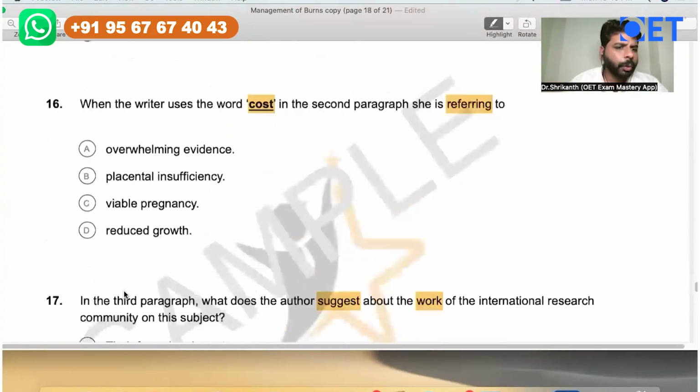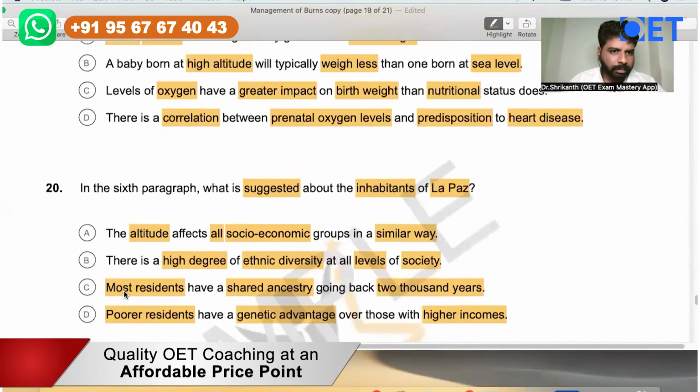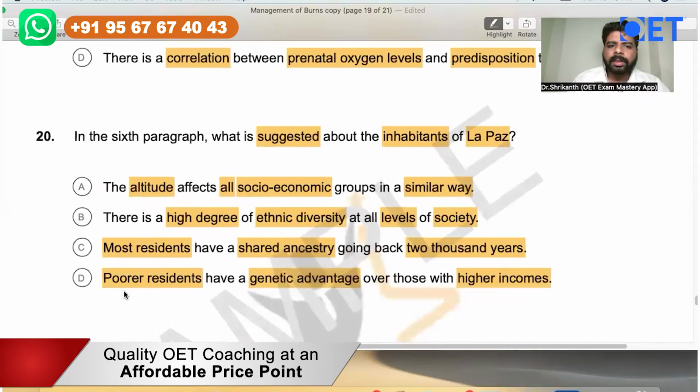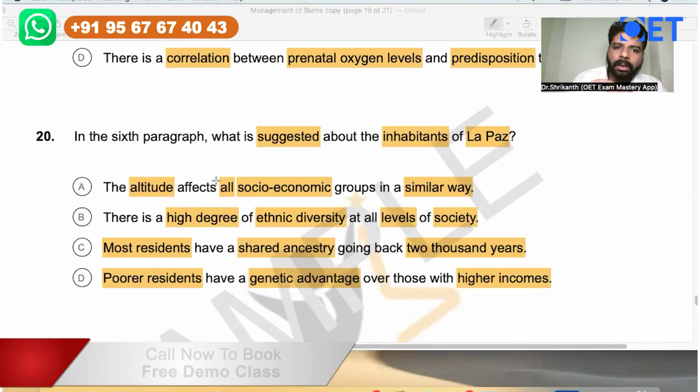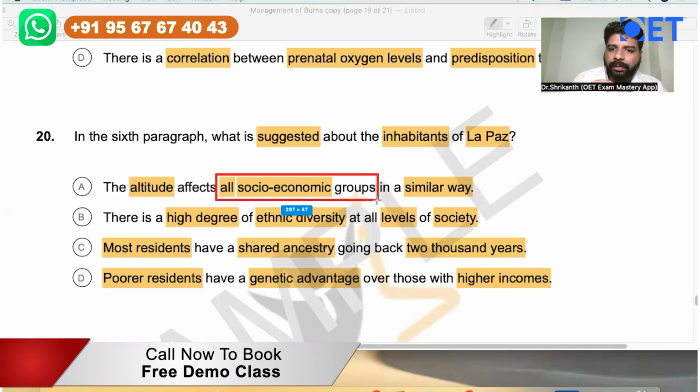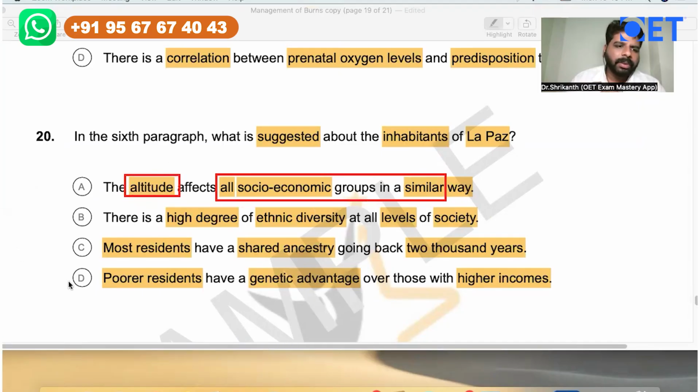Now let's come to the 20th question. The altitude affects all socio-economic groups in a similar way. Can we choose answer option A? Now see, what is answer option A telling us? All socio-economic groups are affected similarly, that is equally, that is the rich and the poor, the altitude affects them the same. So can we choose that?